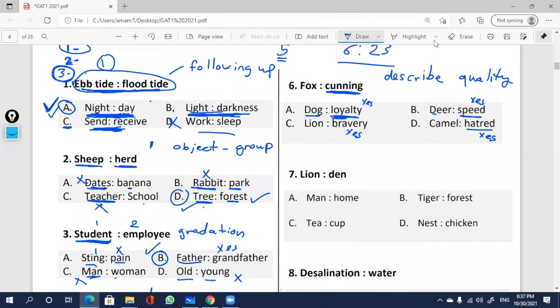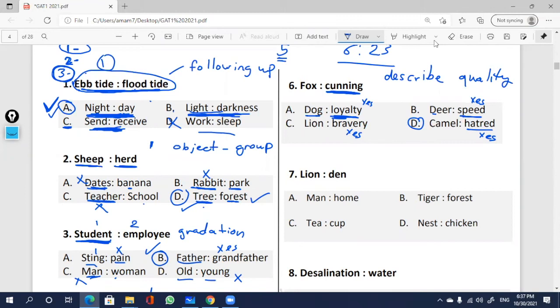I picked D because cunning is not a good quality, so I thought maybe it would be D because everything else was positive. Excellent, Mshari. So here we have 4 alternatives that have the same relationship mentioned in the question.